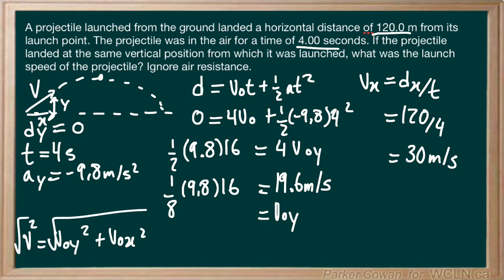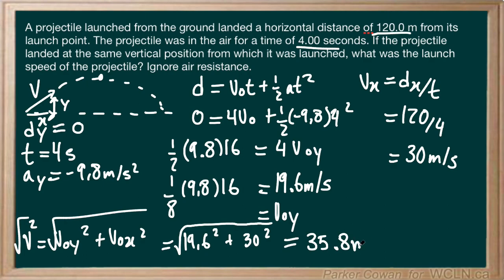So that's going to give us the square root of 19.6 squared plus 30 squared. If we punch that into our calculator, we have 35.8 meters per second.